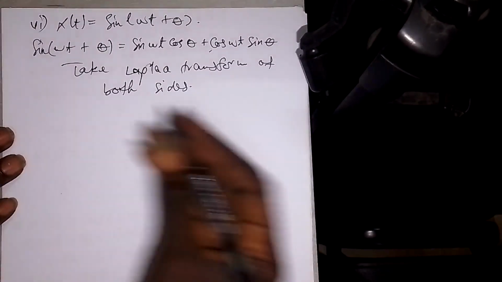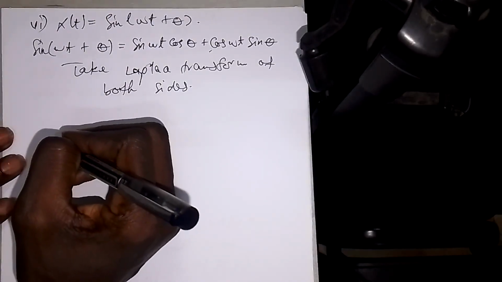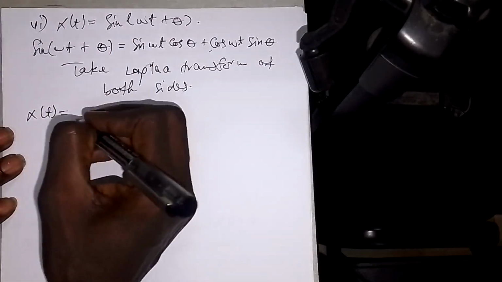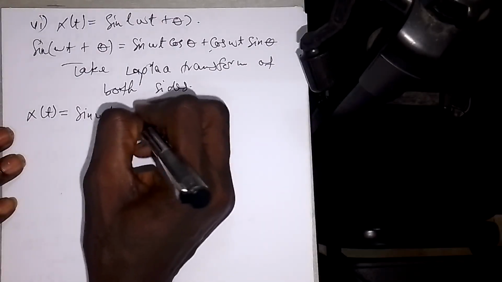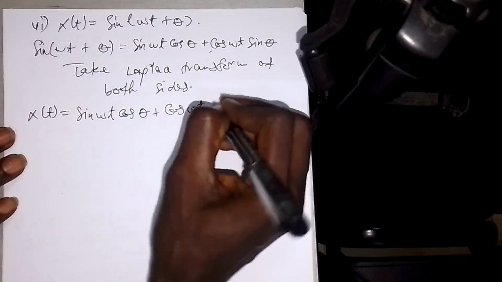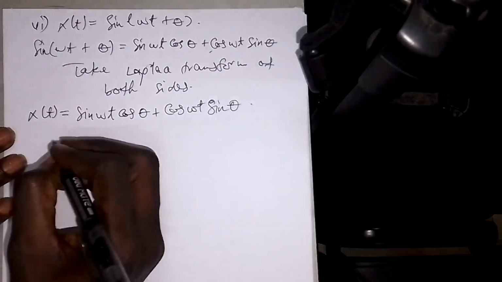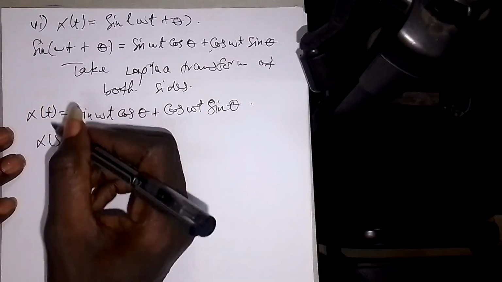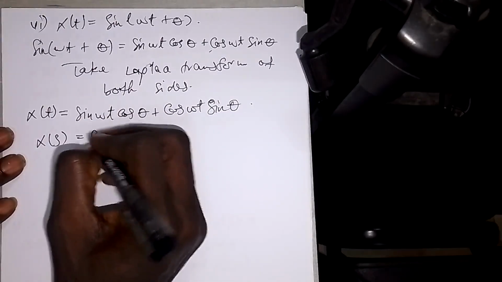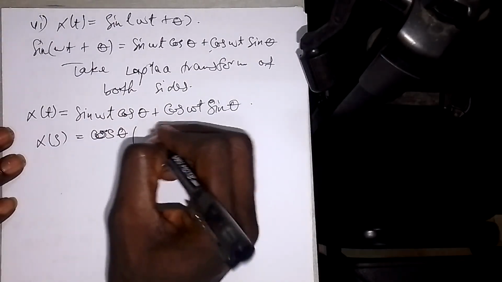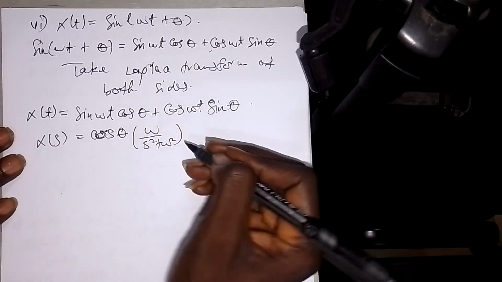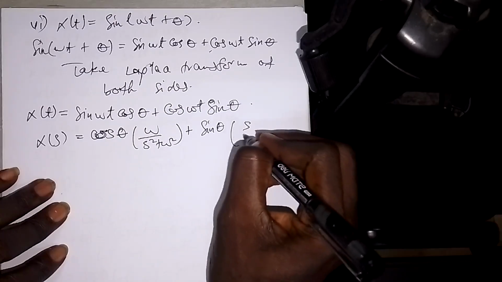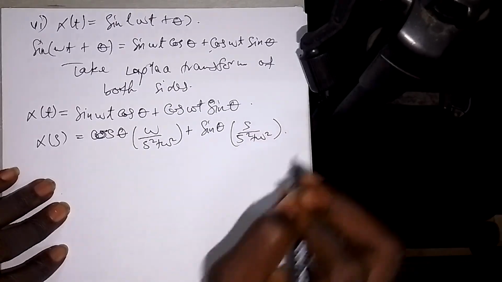Say x of t is now equal to sine omega t cos theta plus cos omega t sine theta. If I take the Laplace transform of both sides, x of s, the Laplace transform of x of t, is equal to cos theta times omega over s squared plus omega squared, and then plus sine theta times s over s squared plus omega squared. That's what I have here.